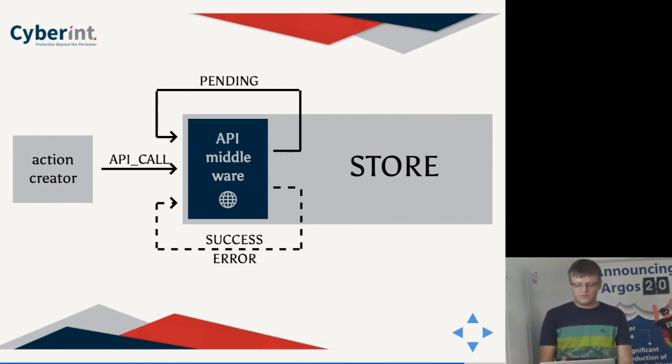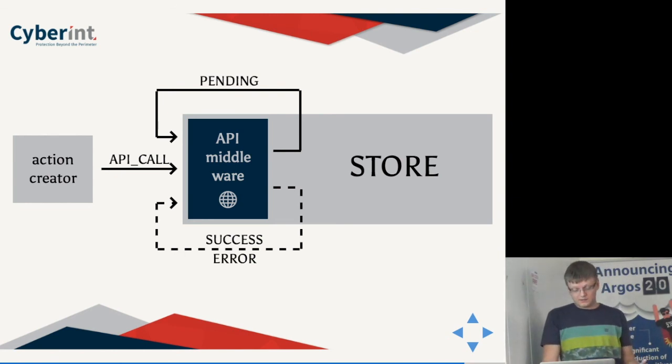Another example of enriching actions is API middleware, which allows you to organize in one place the logic of sending network requests instead of doing this in each place where we need to communicate with the server. So in particular, with this middleware the application can dispatch an action with some specific type, and this action will trigger the call to an API method.